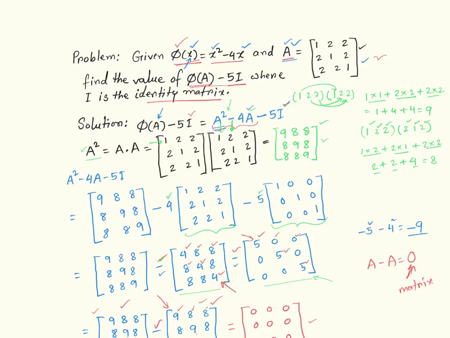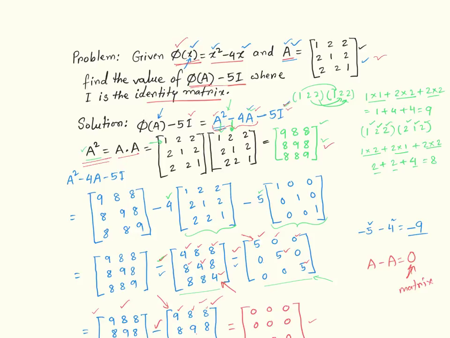Now we have A and we have I, so we don't need to worry about those, but we need to find A square, and I just found A square for you right here. If you multiply A with itself, that means you're multiplying the given matrix A with itself using the multiplication definition of matrices, we get this matrix.